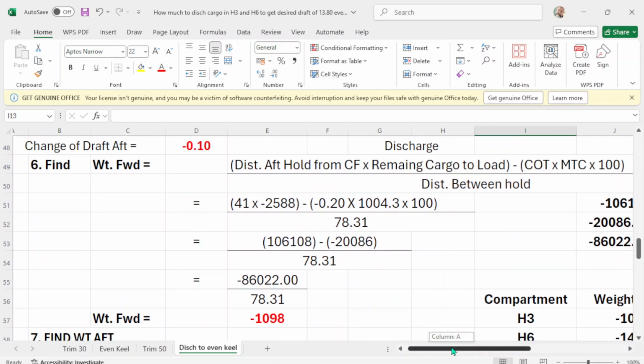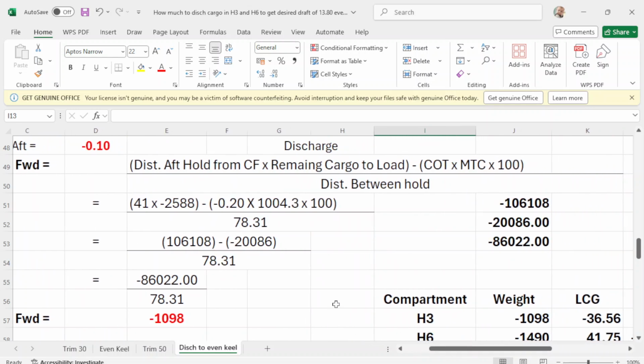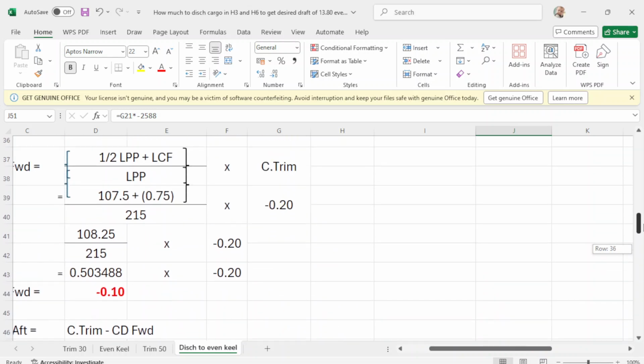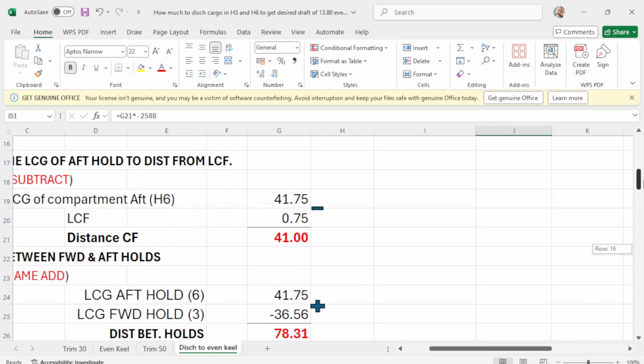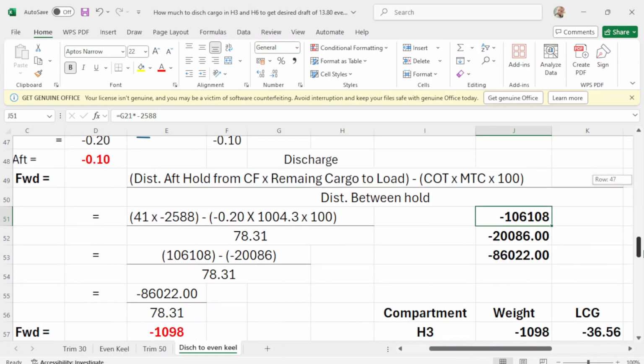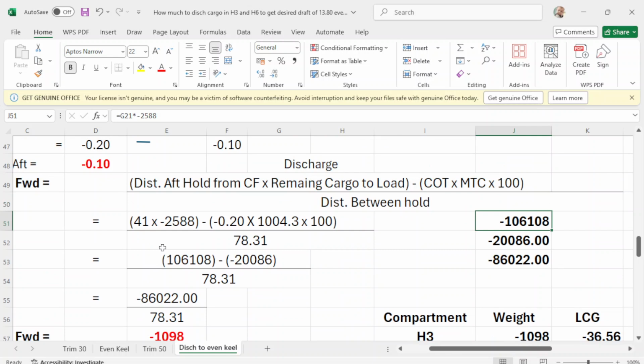Okay, now we do the mathematics. 41 times negative 2558, that is this one. So 41 is your distance of hold from LCF, that is 41. Okay, that is 41 times your cargo to be discharged minus change of trim.